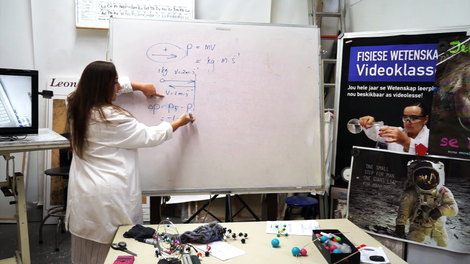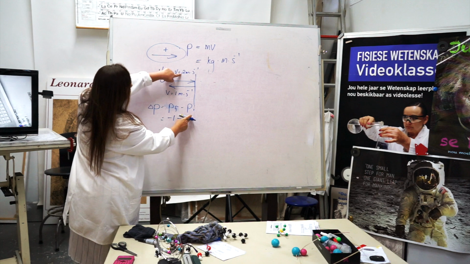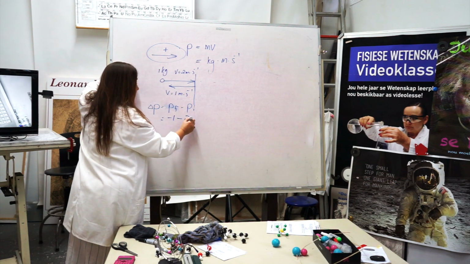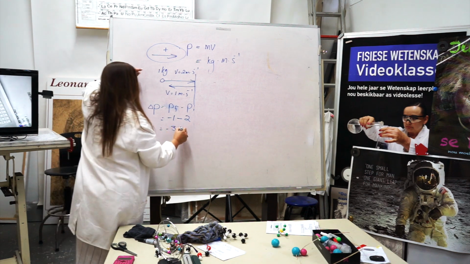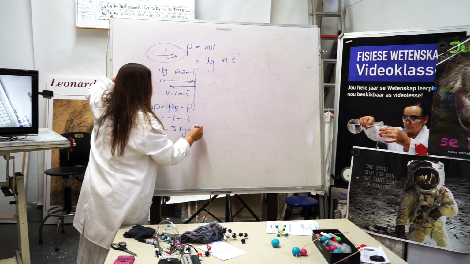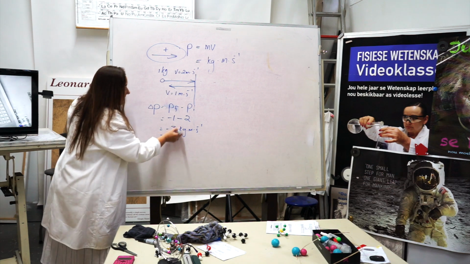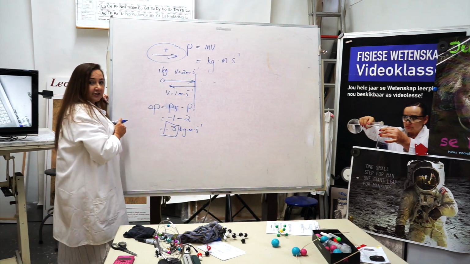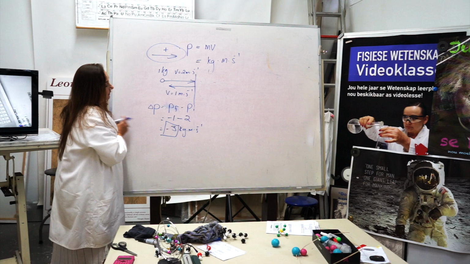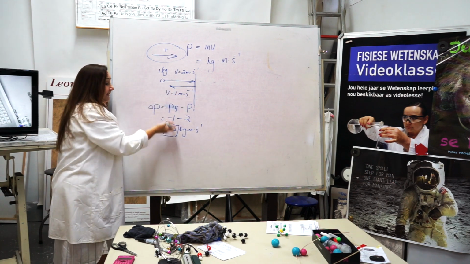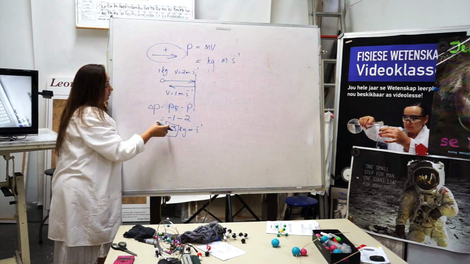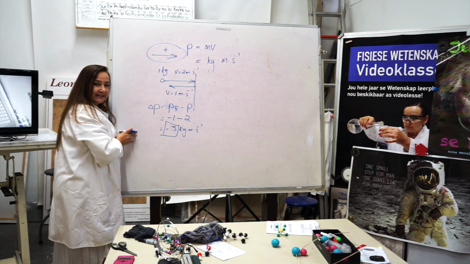Minus original momentum, 1 times 2, so -2. So you see that I get -3 kilogram meters per second. 2 towards the wall, 1 coming back, and that equals a change in momentum of -3 kilogram meters per second.